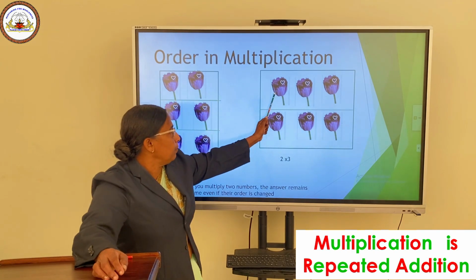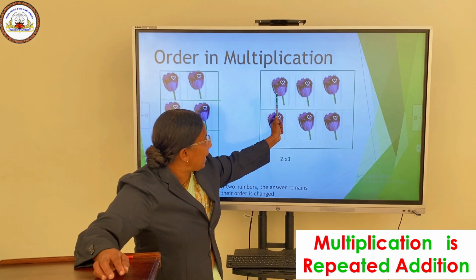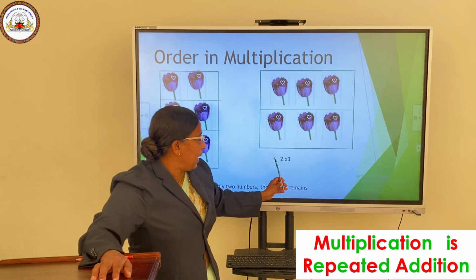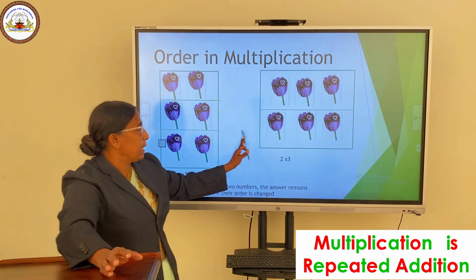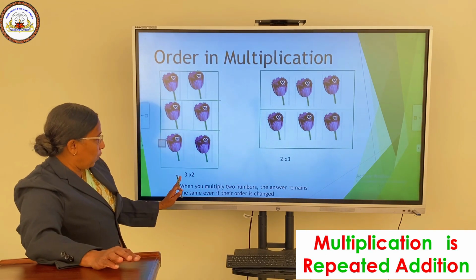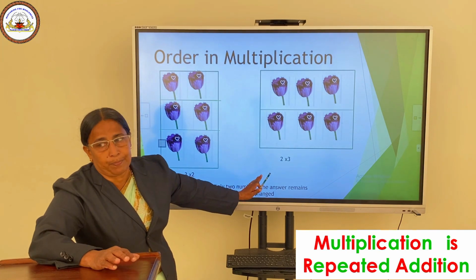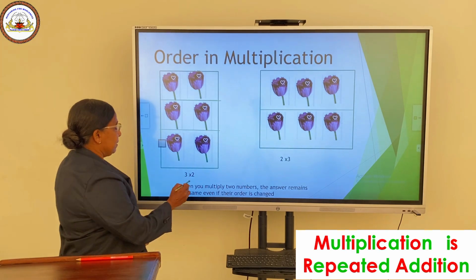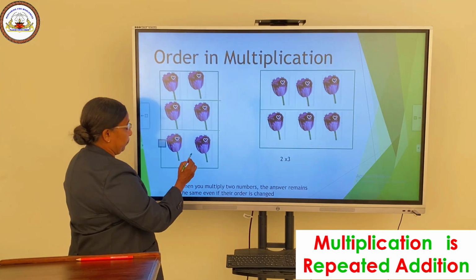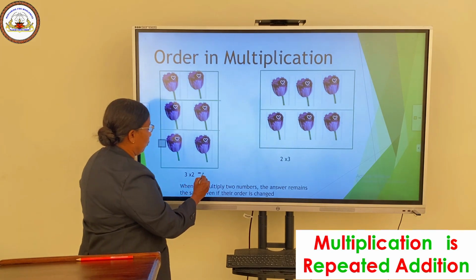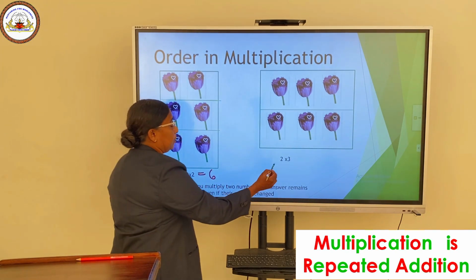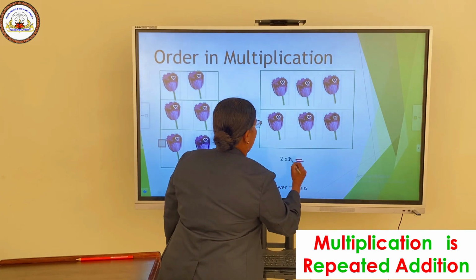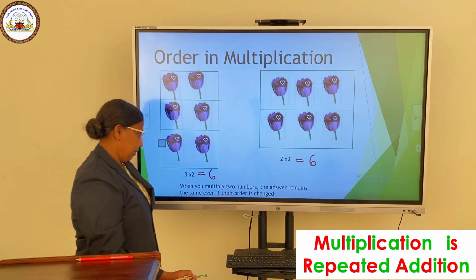And here you can see 3 flowers in a row and 2 rows of such flowers, that is 2 into 3. Whatever be the arrangement, the total number of flowers remains same. So 3 into 2 equals 6 and 2 into 3 equals 6.